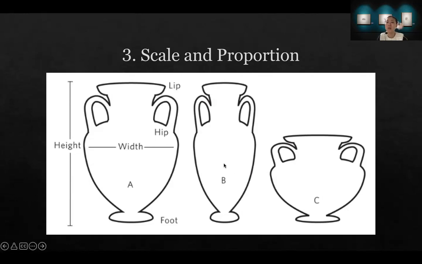So when the width is reduced, the vase seems elegant and light. And reducing the height produces the opposite effects. The vase seems clumsier and weightier than the original profile.